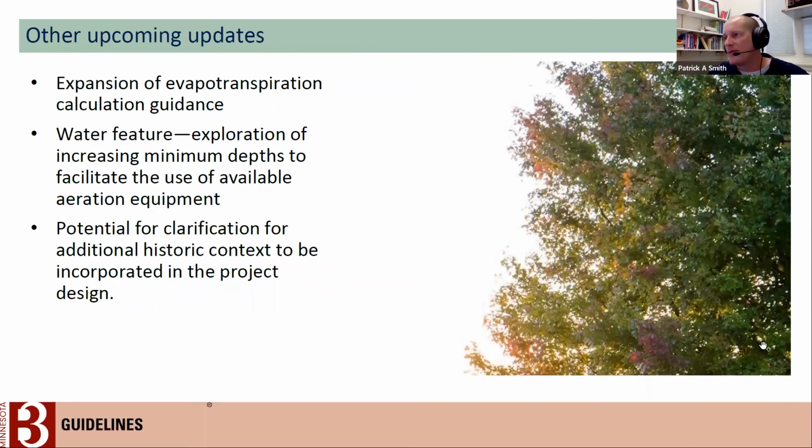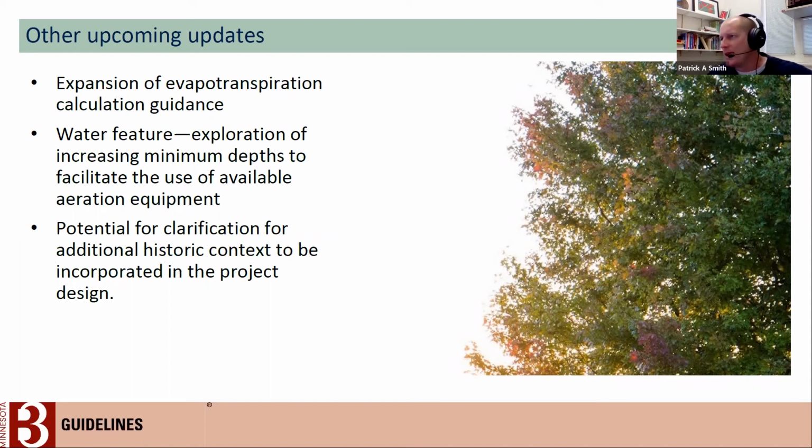Other upcoming updates, and I've noted a couple of these as we were proceeding through, but I'll be expanding the evapotranspiration calculation guidance. Again, the water feature depth we think is a constraint. We need to do a little bit more work to figure out if that should be increased to allow for aerators or other equipment to be present in those continually accessible water areas.